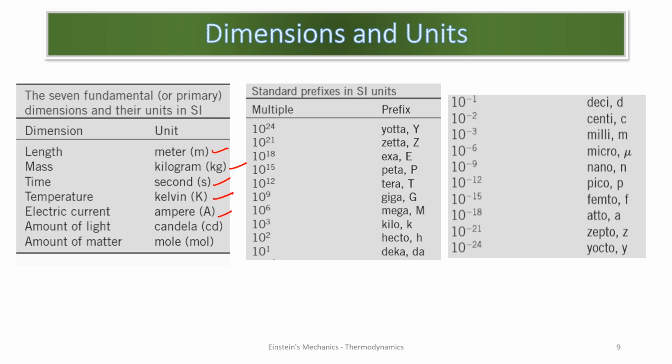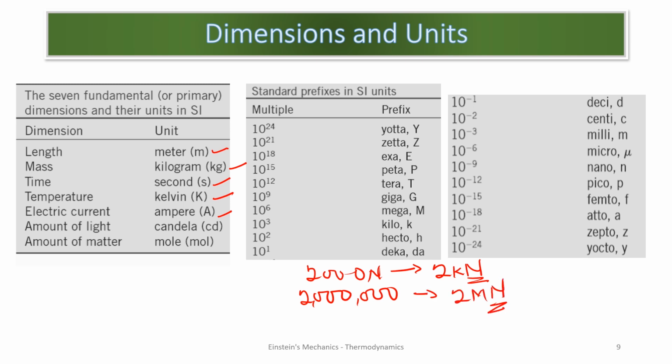And what are prefixes? So prefixes help us to simplify our what? Digits. For example, if I want to write 2000 Newton, I can just simply write 2 kilo Newton. Are we good? Something like this, I can just go straight forward to write 2 mega Newton, which is very simple.